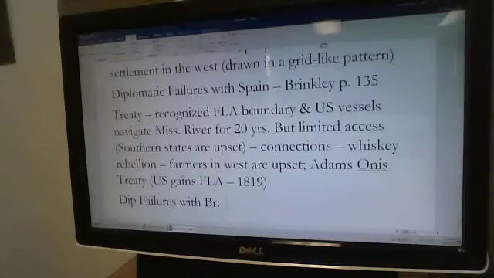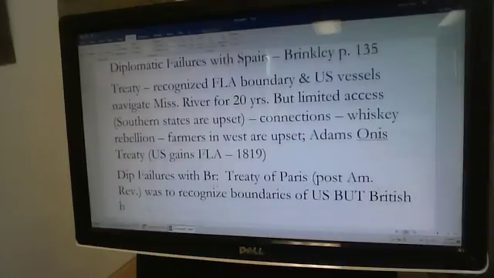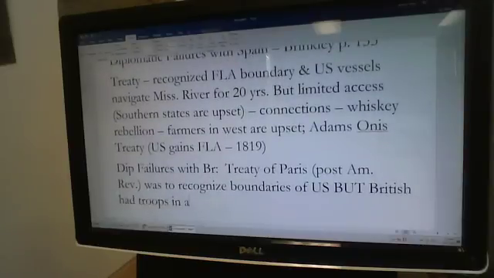Even though boundaries were established, and this is talked about in the first paragraph, the problem is that the Treaty of Paris, post-American Revolution, was to recognize the boundaries of America, but of course the British still had troops in the area, and pretty much they didn't always honor those boundaries, and there were a lot of disputes about the borders.